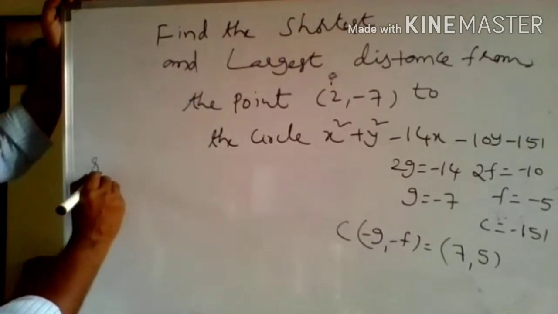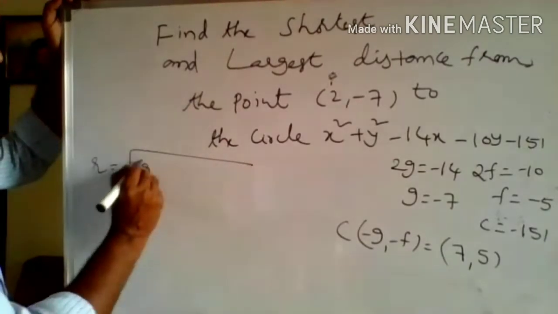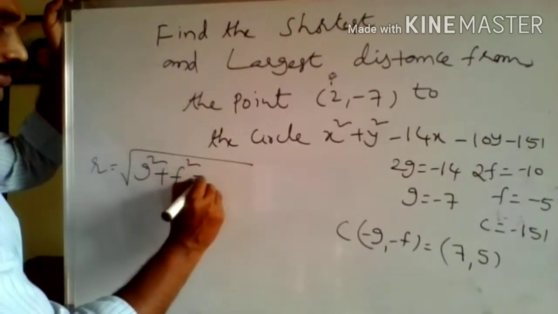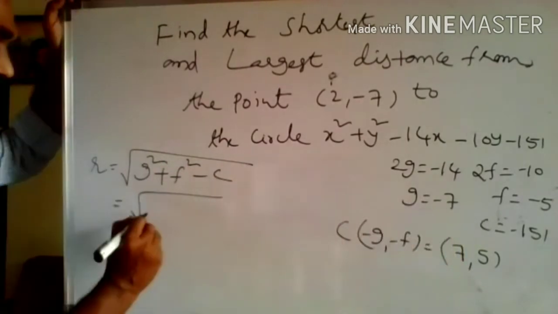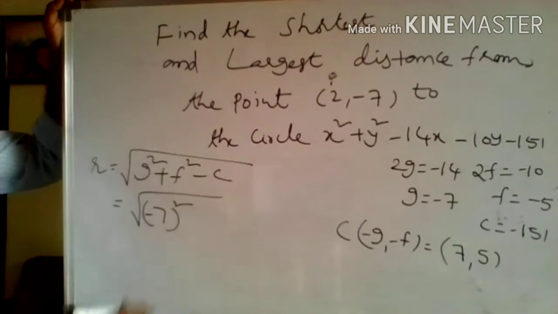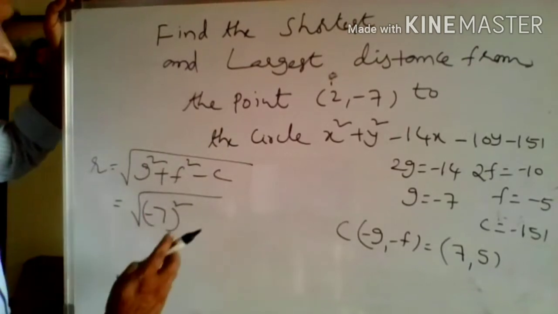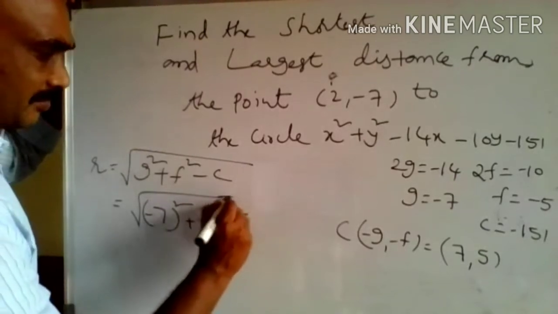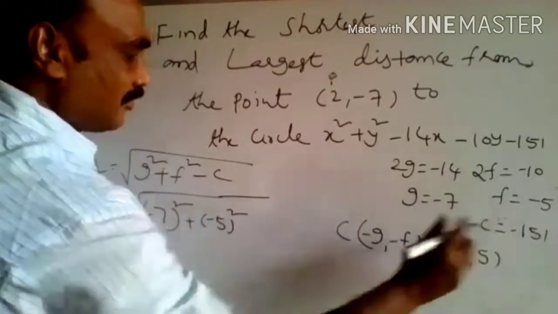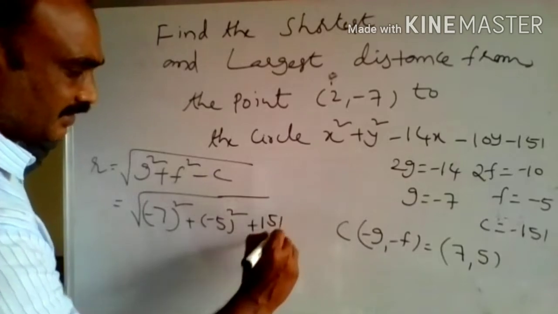Next, calculate the radius. Radius is equal to the root of g square plus f square minus c. g is equal to minus 7, so g square is 49, and f is equal to minus 5, so f square is 25. Minus c is plus 151.